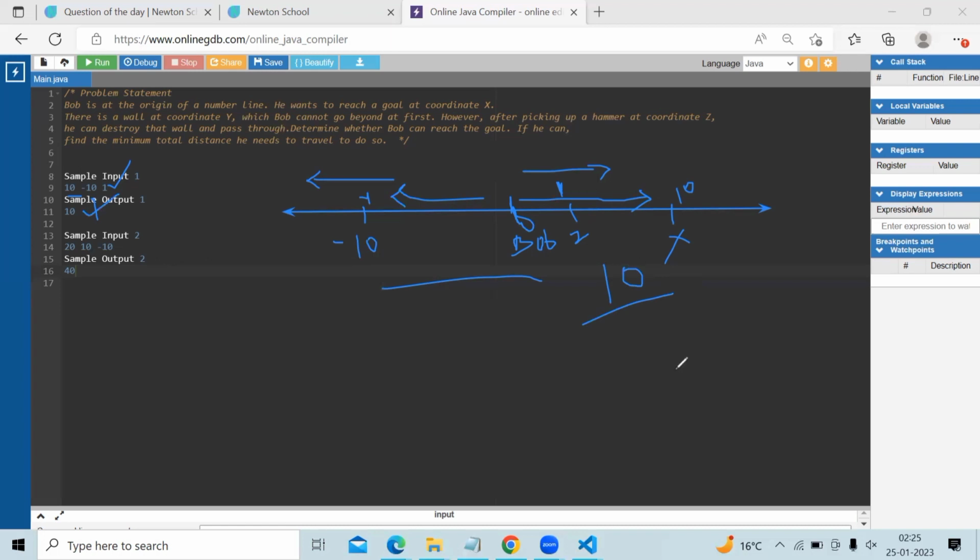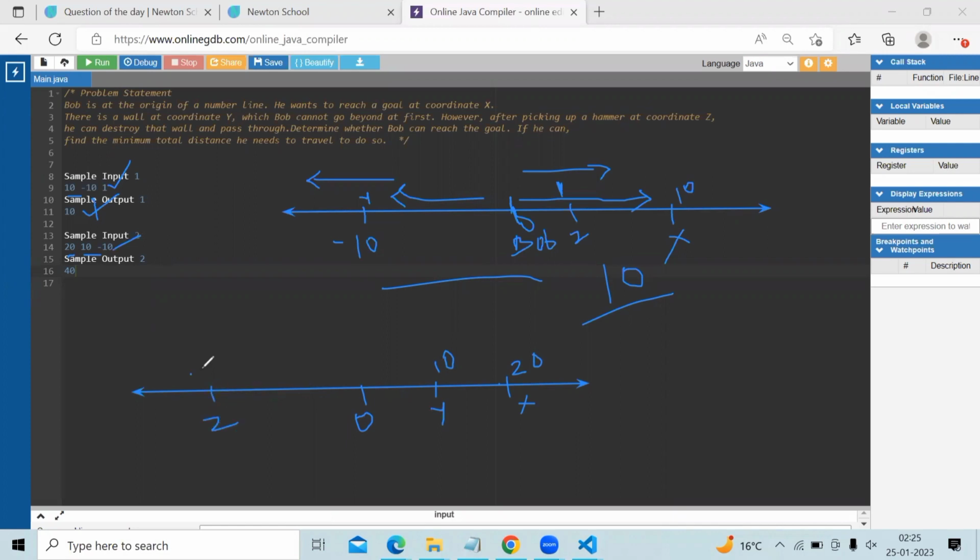Now let's see the second sample input. Let's suppose this is the origin of Bob, which is 0. Then x is 20, y is 10, and z is 10.